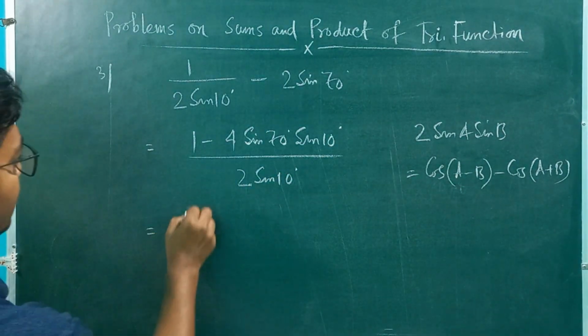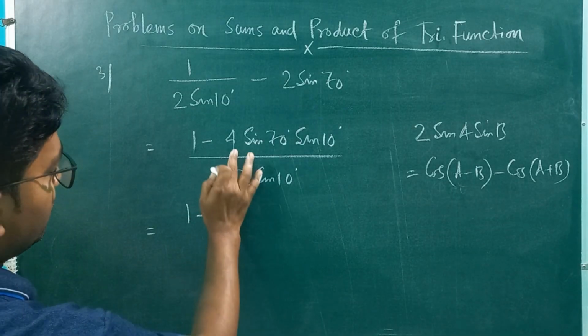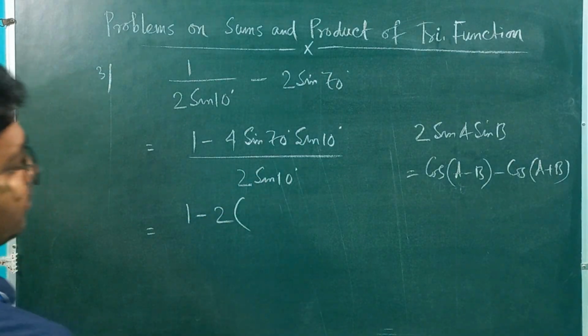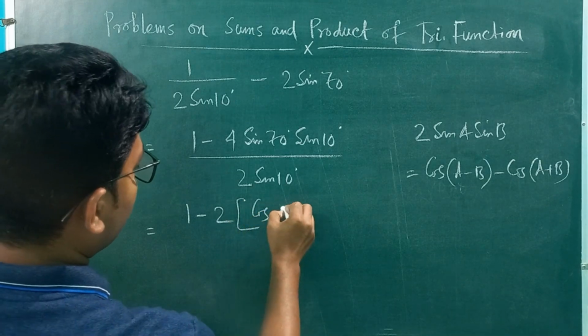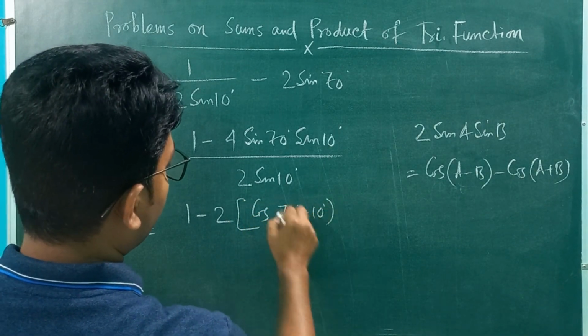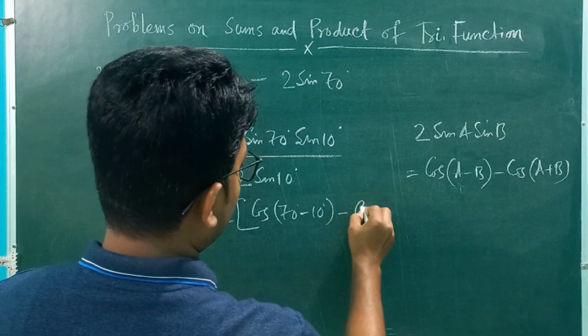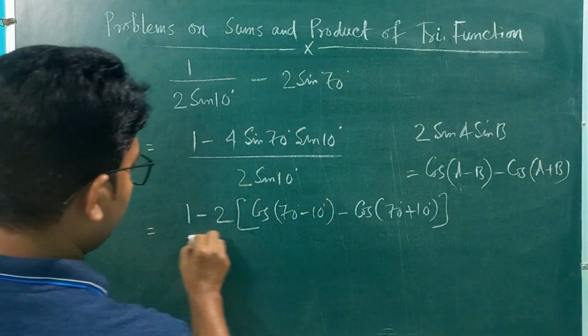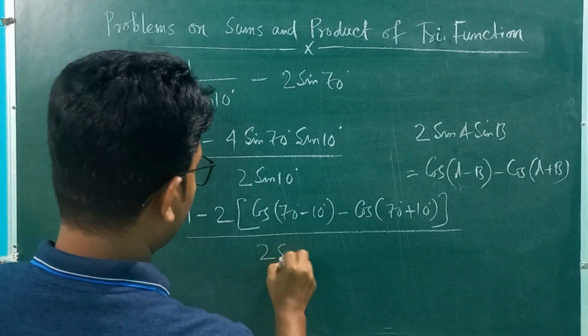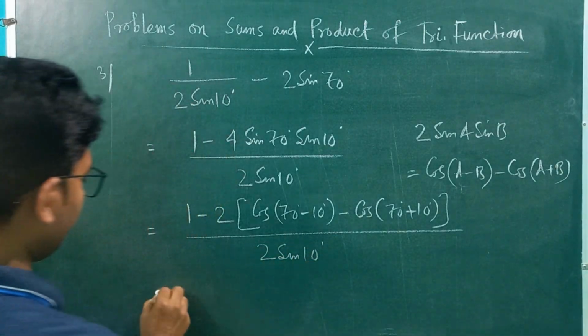Then what will you get? If I take 2 from here, then this one becomes (cos (70 minus 10) minus cos (70 plus 10)) by 2 sin 10 degree.